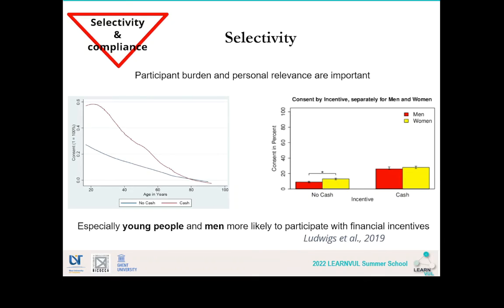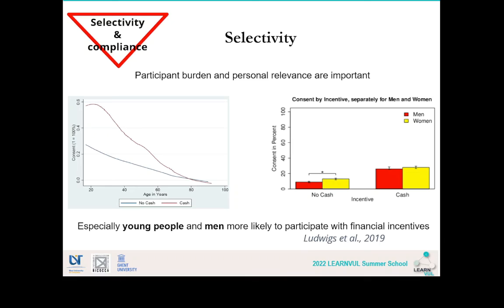Especially young people and men are more likely to participate with financial incentives, whereas women and older women participate without an incentive. So depending on that, you need to think about it, and about the burden: if I'm asking, you want to participate in a study in which every 2 hours you have to answer for 3 weeks. That's fine.